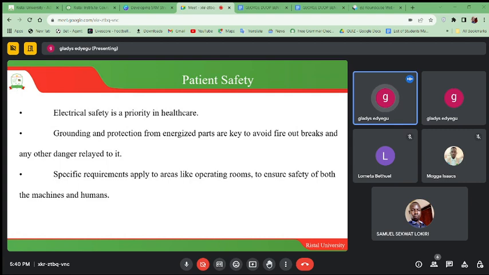And when we have electrical safety, then we are also prioritizing our patients' safety, because the healthcare services we provide will be safe for our clients due to the availability of electrical systems. So grounding and protection from energized parts are key to avoid fire outbreaks and any other related danger.